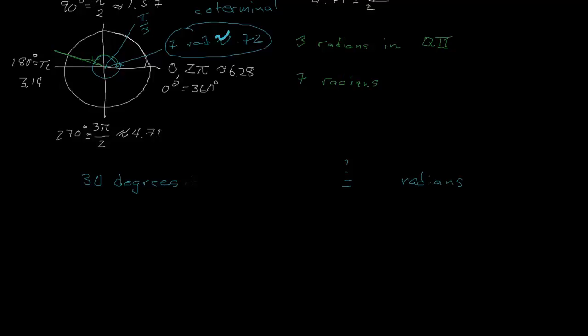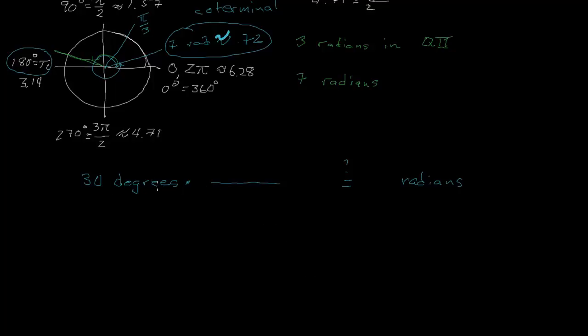Well, what I'm going to do is use unit analysis, and I'm going to multiply by a conversion factor that uses the fact that 180 degrees is equal to pi. This is our simplest relationship between radians and degrees, that 180 degrees is pi radians.